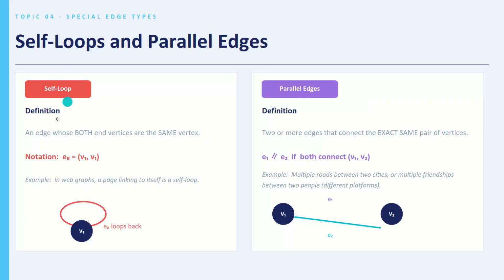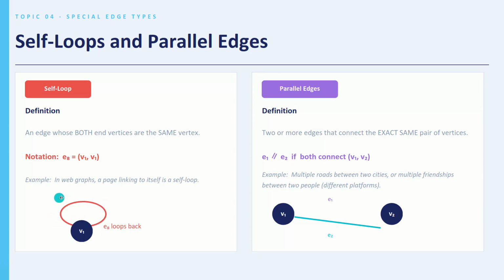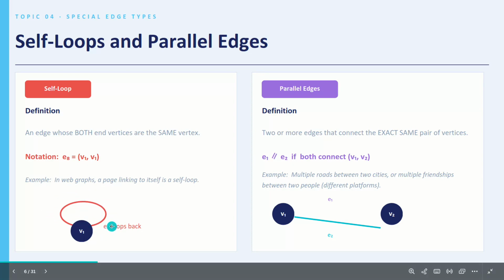Okay, a self loop is like this. This E is a self loop, a loop between V1 and V1 itself, starting from V1 and coming back to V1 itself. Now what are parallel edges?